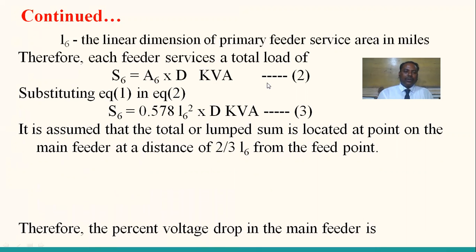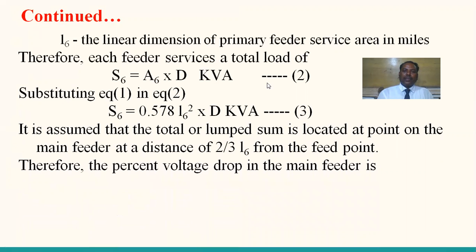So therefore, the percentage voltage drop in the main feeder is equal to the percentage voltage drop of one feeder out of 6 feeders main, which is equal to 2/3 of L6 into K into S6. So 2/3 of L6 is the load center and K is the percent voltage drop in terms of kilovolt ampere mile into S6.